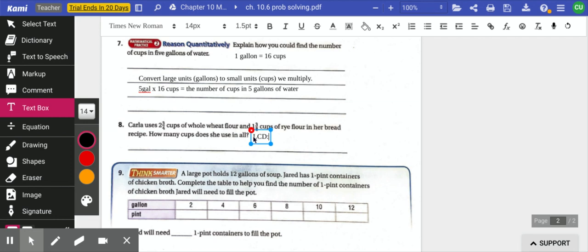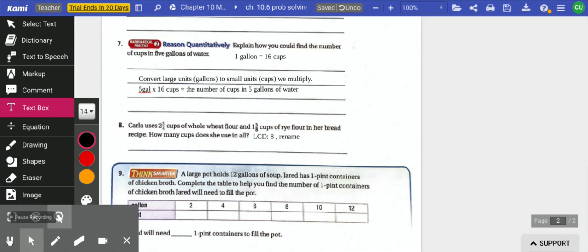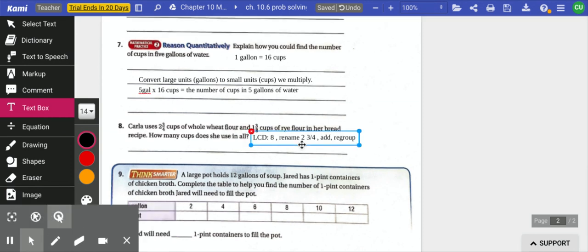If you don't know, your LCD is 8, so then you need to rename 2 3/4 to get 8 as your denominator.